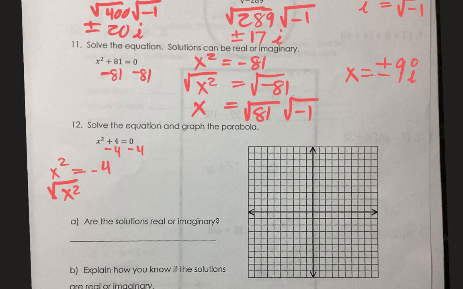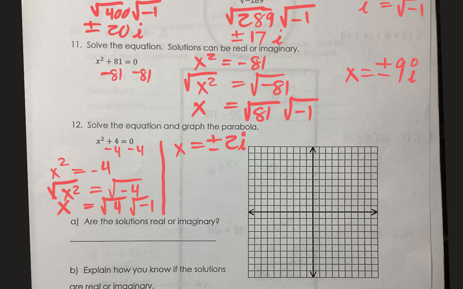Square root of x squared is just x. I can write that as square root of 4, square root of negative 1. That leaves me with x equaling square root of 4 is a positive negative 2. Square root of negative 1 is I.